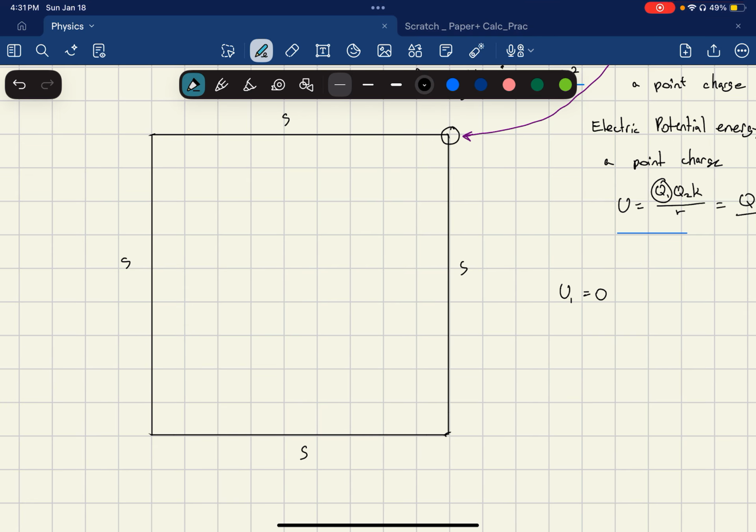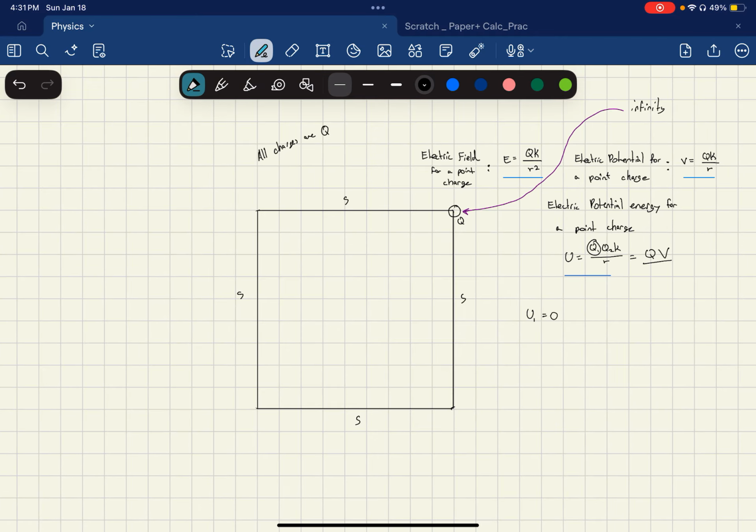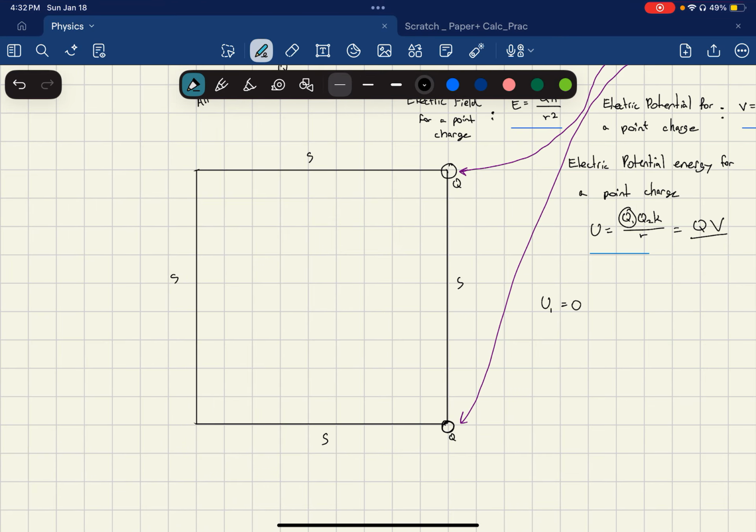So now let's say I brought another charged particle all the way from infinity to here. Now here we have to wonder whether this is 0 or did it take energy to bring this? Well, it did take energy. I'm fighting against this one.